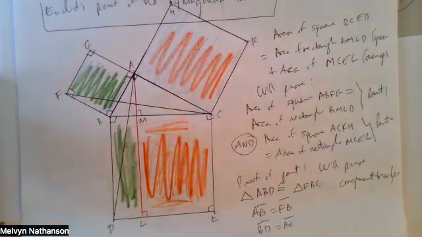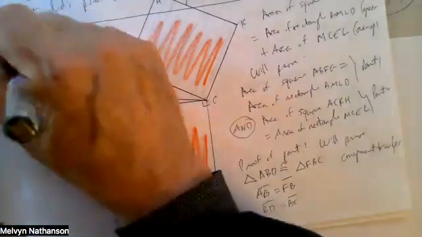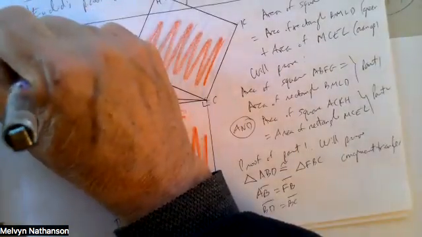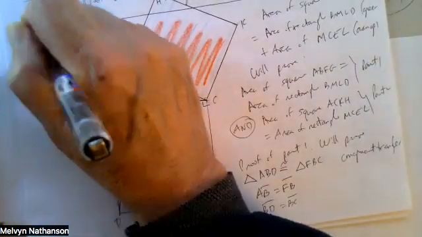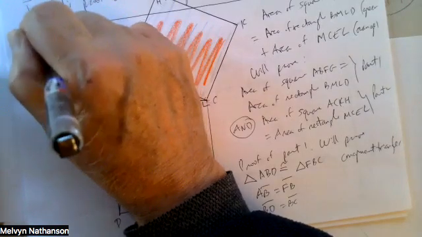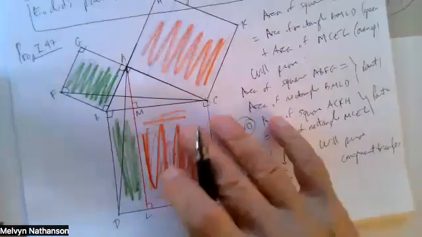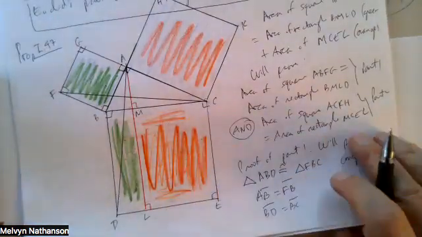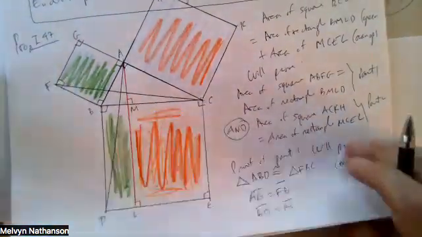So in Euclid, book 1, this is proposition 47. It's the next to the last proposition in the first book of Euclid.